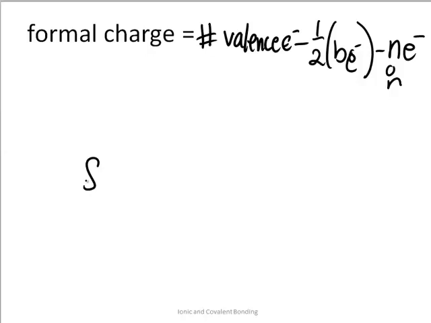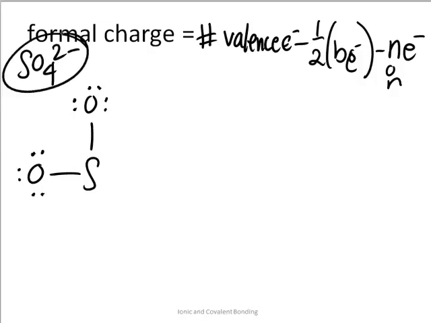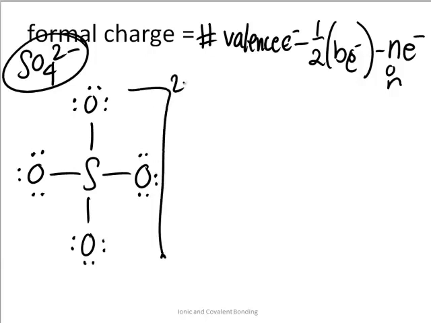If we draw the Lewis structure of the sulfate polyatomic ion and we try to get the octet rule for all atoms, the sulfate ion of course being SO4 2 minus, we will get something that looks like this.